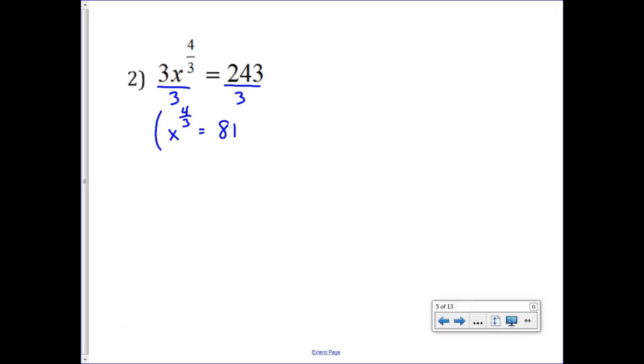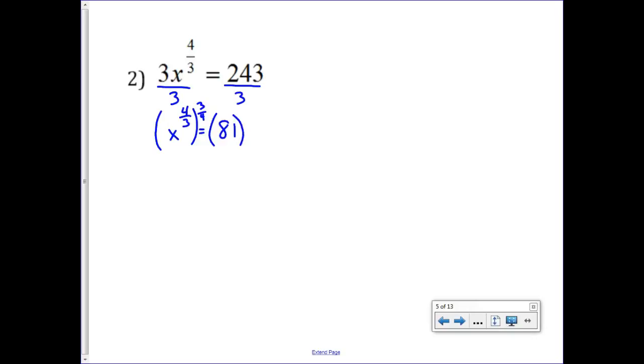Now, if I want to get rid of the x to the 4/3 power, I want to multiply to get x to be 1. So power to a power is what we multiply. So if I flip that fraction over and I multiply by 3/4, 4 times 3 is 12, 3 times 4 is 12, I now have x to the 12 over 12, which is x to the first.